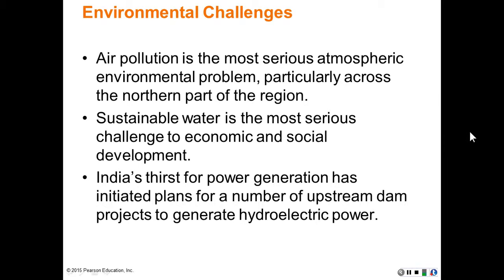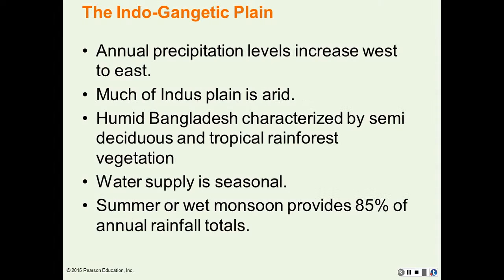India's thirst for power generation has initiated plans for a number of upstream dam projects to generate hydroelectric power. These can affect the water supply timing, however, and can affect agriculture of the rural populations as well.